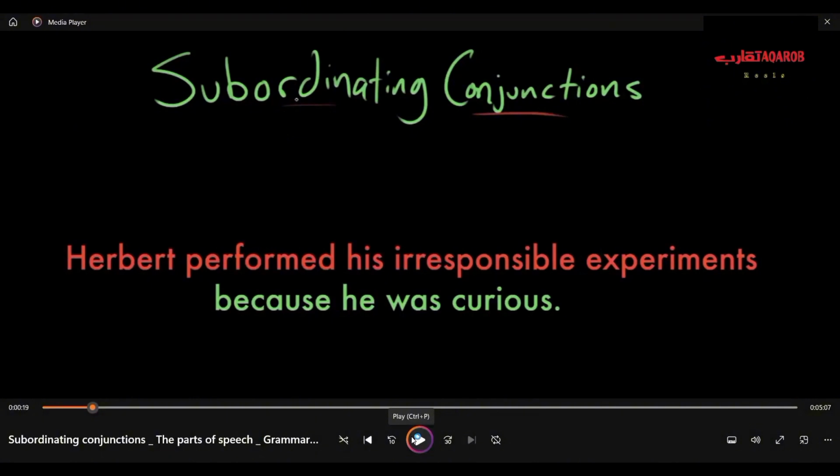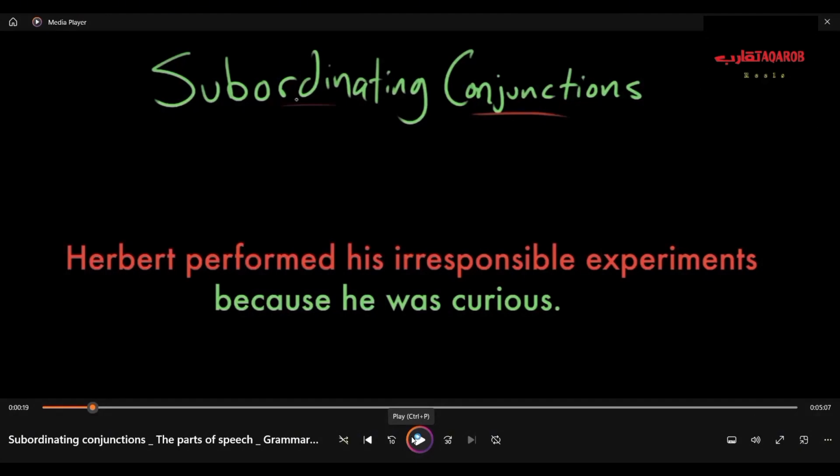Just a quick revision: the dependent clause is the clause that relies on the independent one in order to complete its meaning. Its meaning is incomplete without the main clause. But the main clause, which is the main sentence in the whole structure, can stand alone without the dependent clause, unlike the dependent clause, which can't stand alone without the main clause.